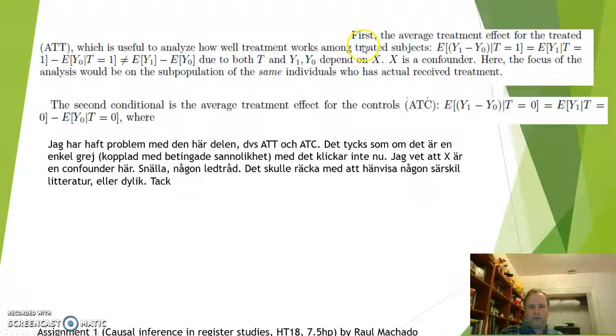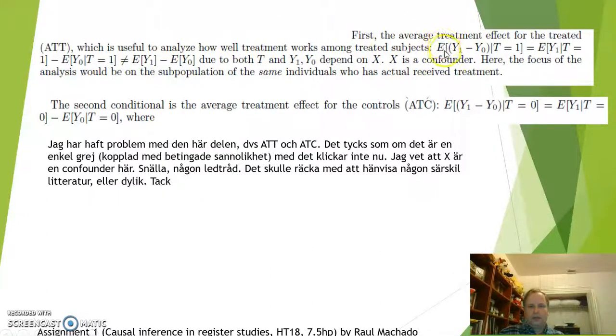Now when it comes to the conditional, this is important because t depends on X, but also the outcomes y1 and y0, which are the treatment and control, also depend on X. So X is a confounder.